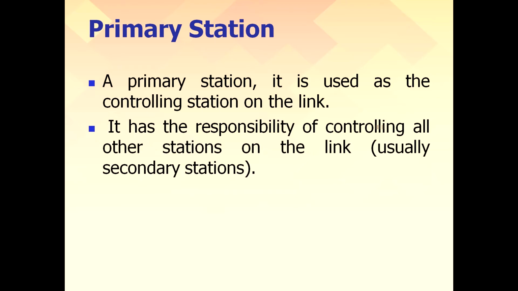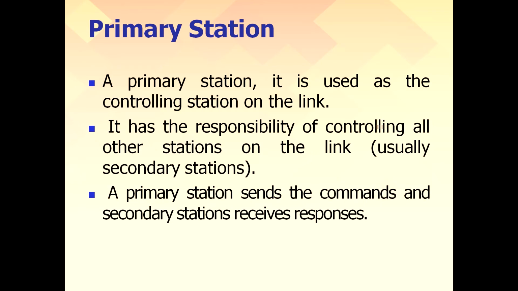The primary station's main responsibility is controlling the secondary stations in the network. The primary station sends the commands, and the secondary station accepts the commands and gives the particular responses.